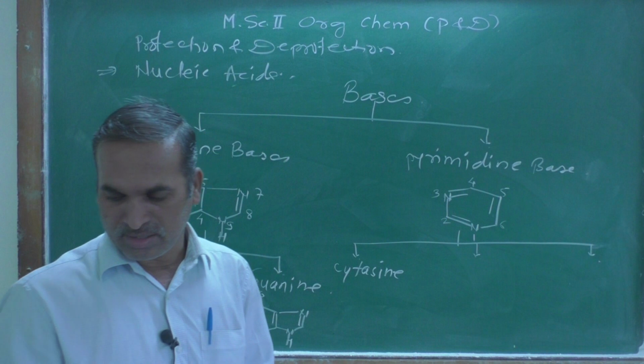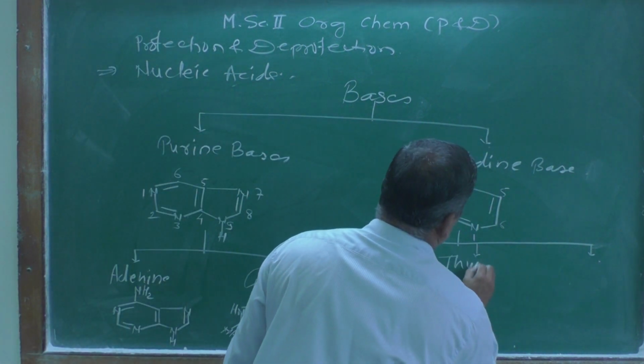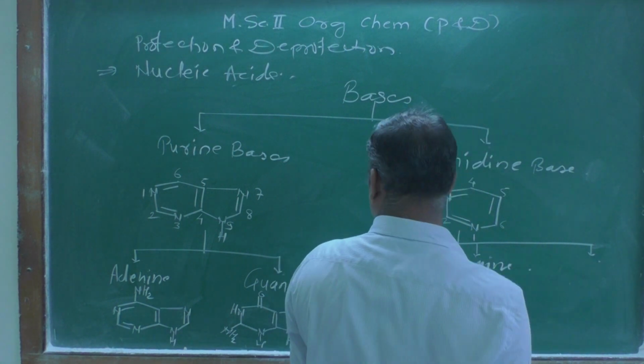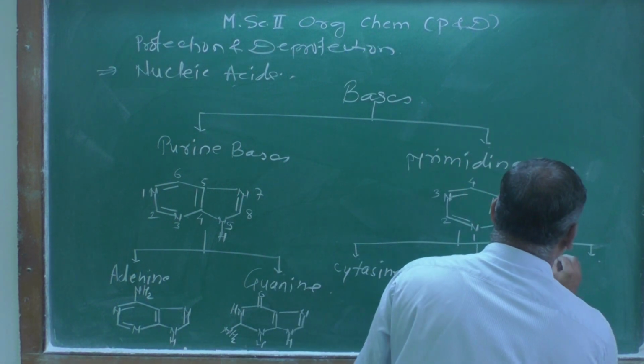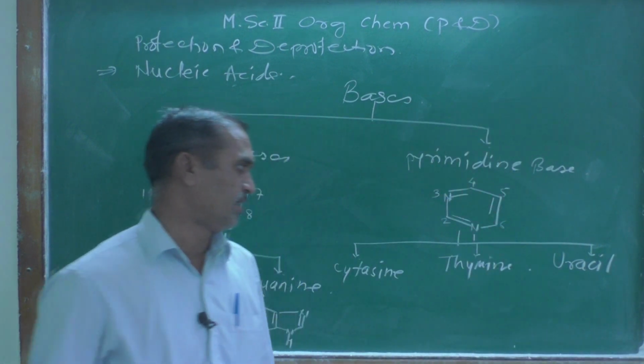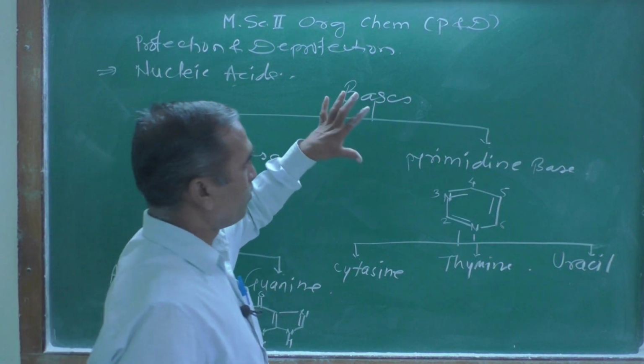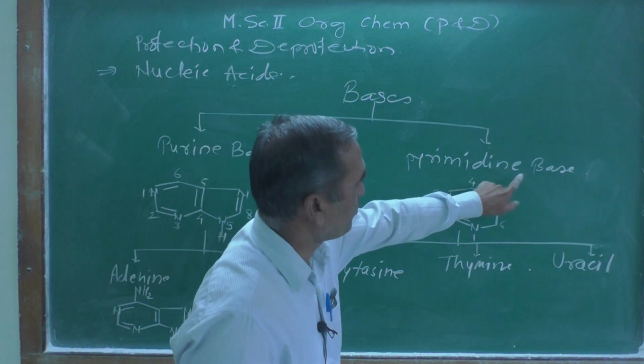Second one, thymine. And third one will be uracil. So these are the 3 bases of pyrimidines.